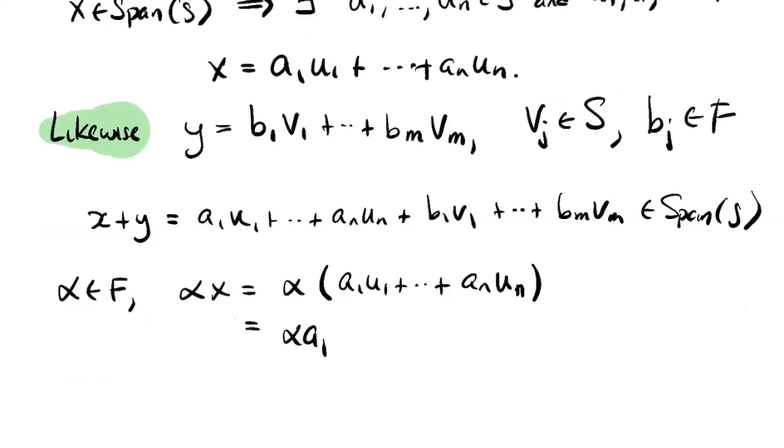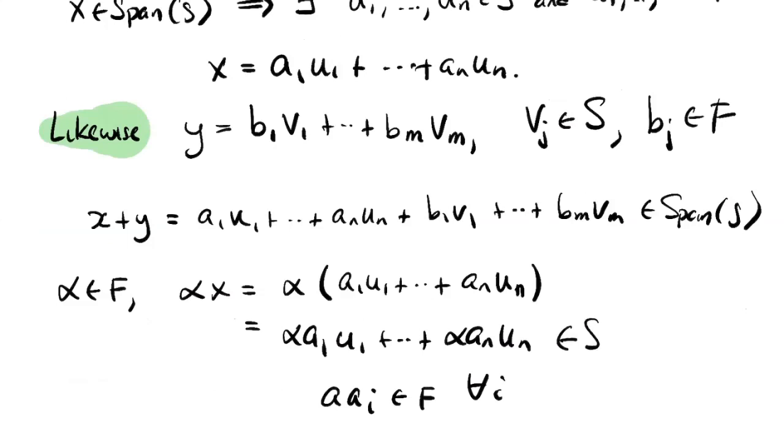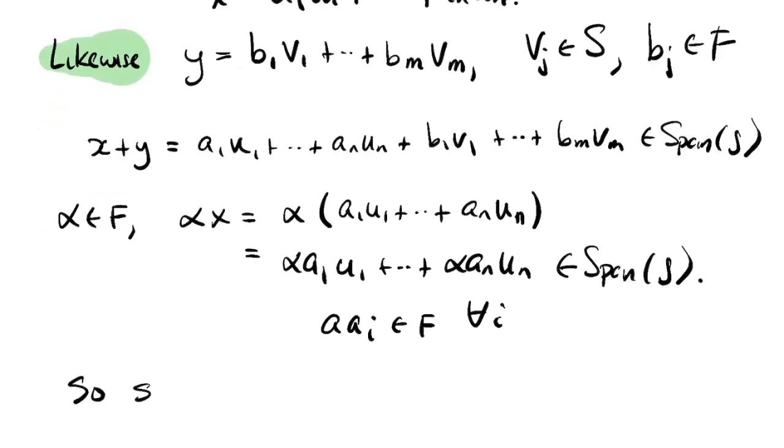That's alpha A1 U1 plus and so on, alpha AN UN. And certainly alpha AI belongs to F for all I. So this thing is also an element of the span of S by definition. All right, so that's the first part of our theorem. This shows that the span of S is a subspace.